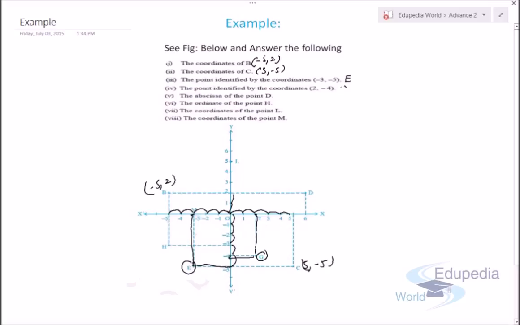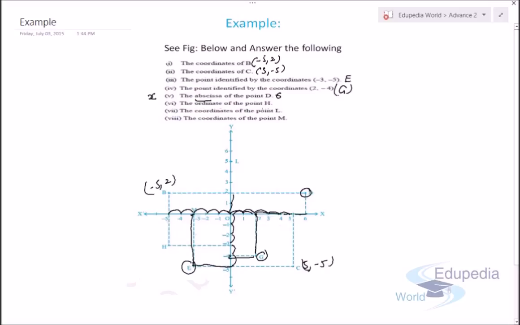Now the abscissa of point D. We have to write only the abscissa, means only the x part of the point. The point D is here, so the abscissa is 6. How? See, 1, 2, 3, 4, 5 and 6. The abscissa of D is 6.